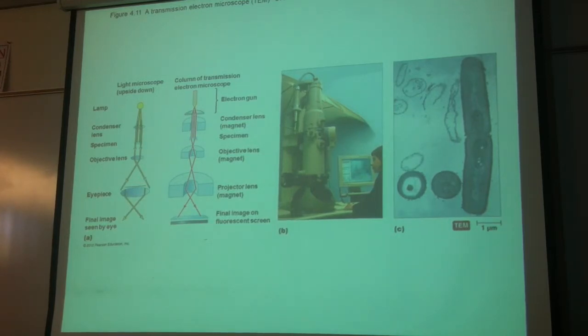So it's the reverse of how we would do it, but then again, you can't see these with the human eye anyways. You have to take some kind of picture that you can then look at on a computer. This is the size of those microscopes.